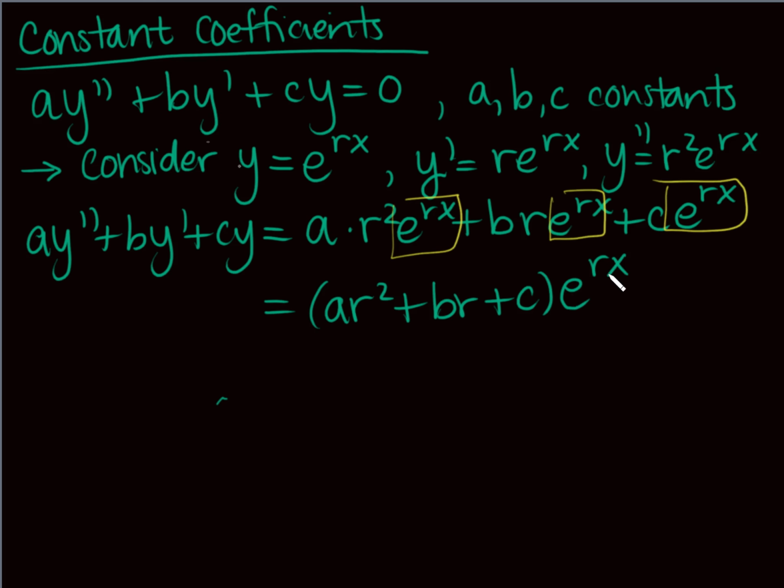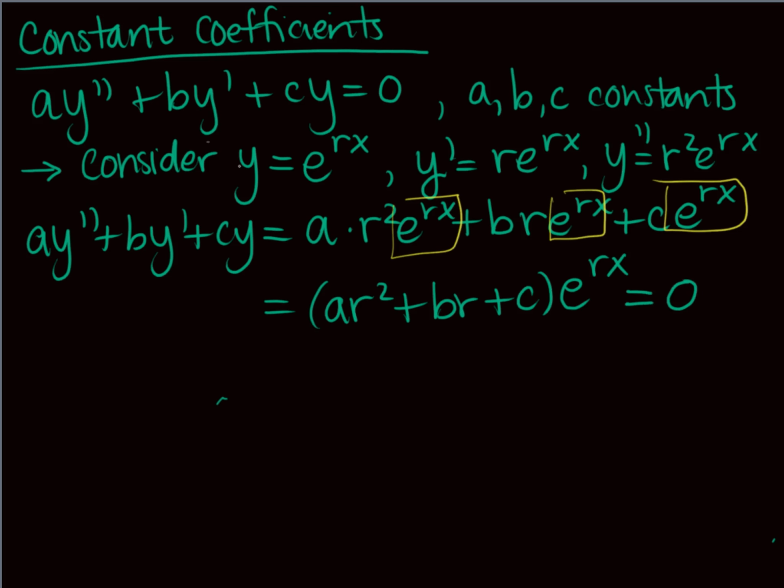Remember, what I want to do is find an r so that this is a solution. I'm not verifying this as a solution; I want to find an r that makes this a solution. So I am going to set it equal to 0.